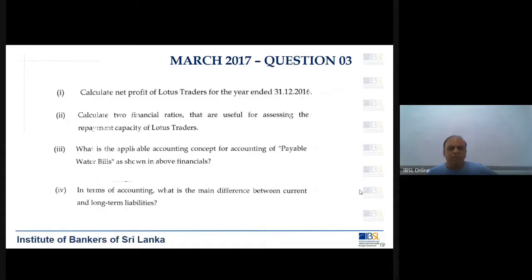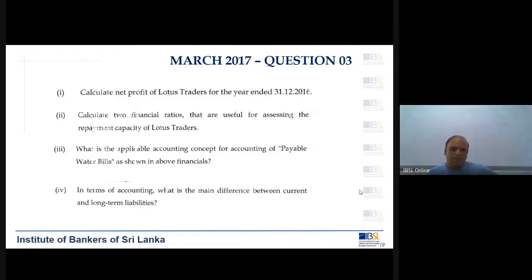Then calculate two financial ratios that are useful for assessing the repayment capacity of Lotus Traders. We haven't done that yet. We will look at it when we go on and learn financial ratios, so I'm not going to do that now. Third part, what is the applicable accounting concept for accounting of payable water bills?